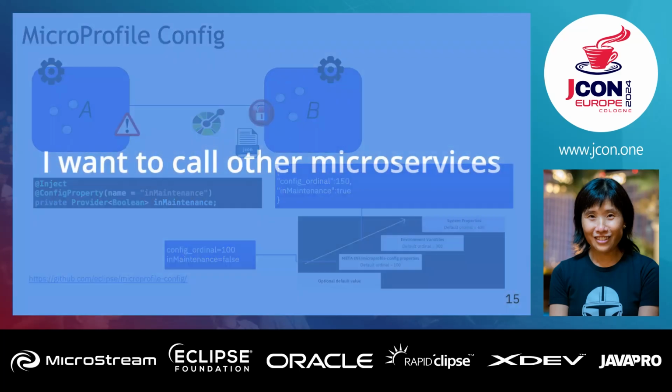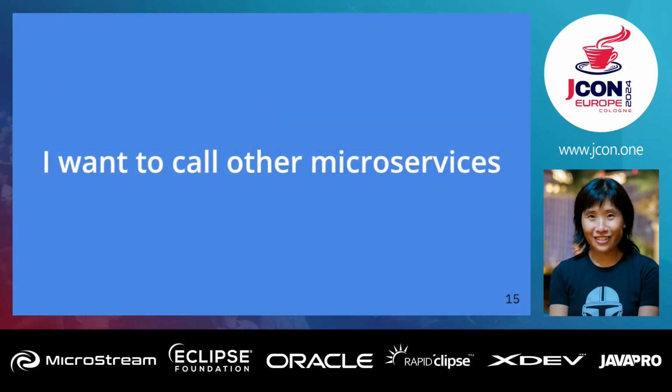And then the next thing is I want to call other services. When you create microservices, normally you need many, right? It's not standalone. It's about how you can connect them up. One flavor to connect them is to use REST, directly calling into the other service if you know which service you want to call. The other option is messaging, which I will talk about later.